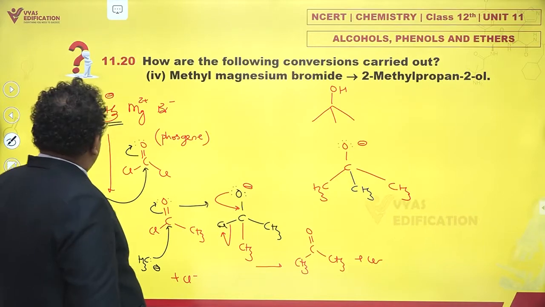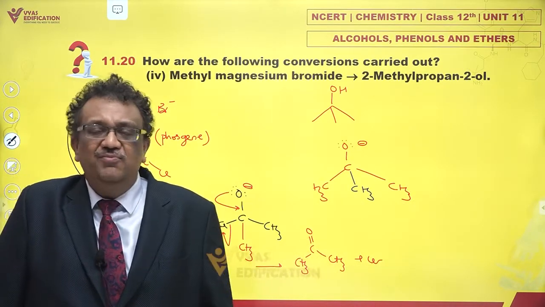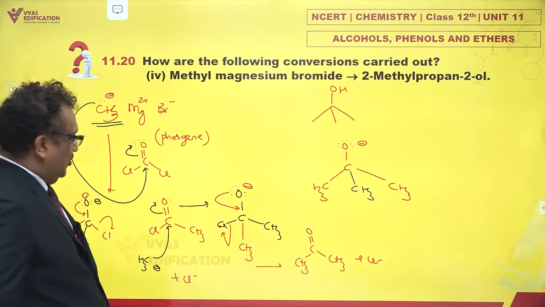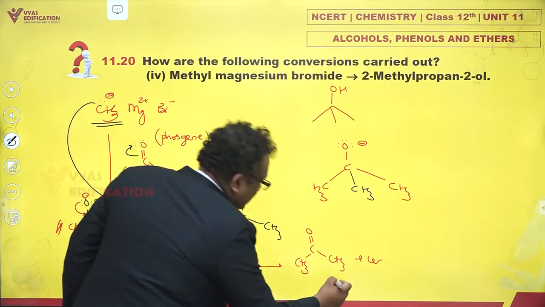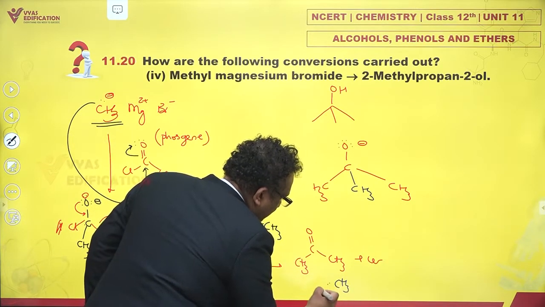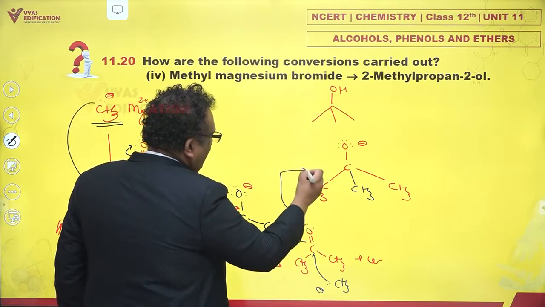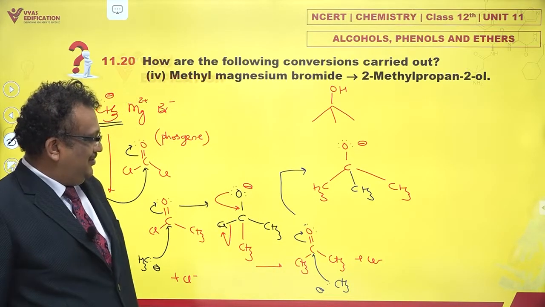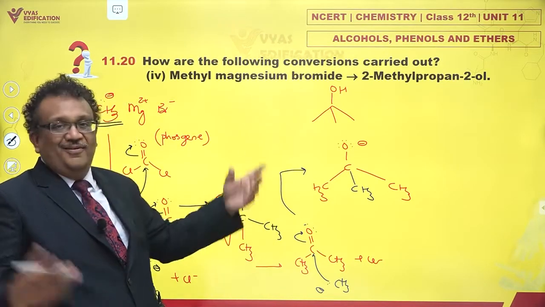And then in the same mixture, we simply have excess of CH3MgBr, that's it. So what do we do? We take a third mole of CH3 minus. Attack once again. We have enough. There is no dearth. And this is what we get. One new bond, O minus. There we are.